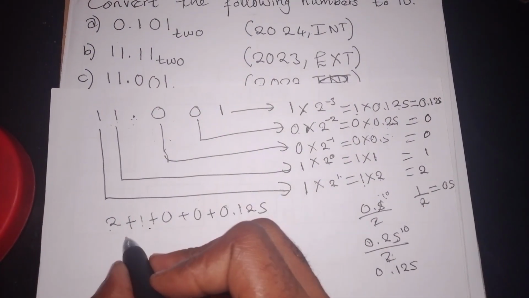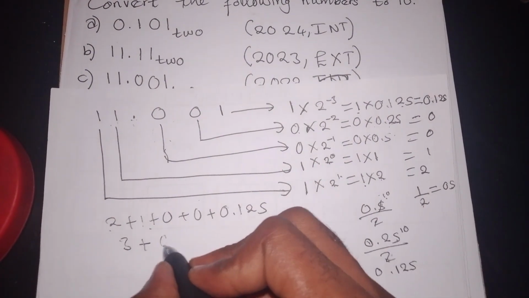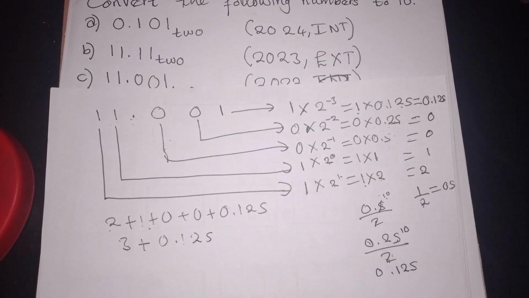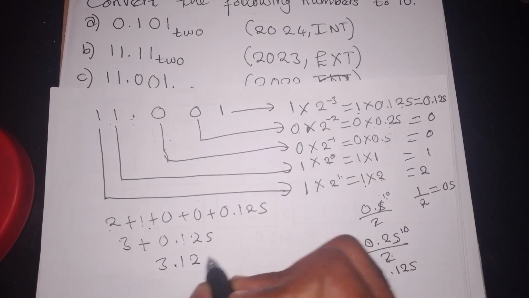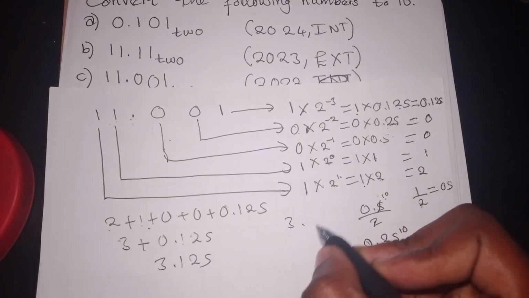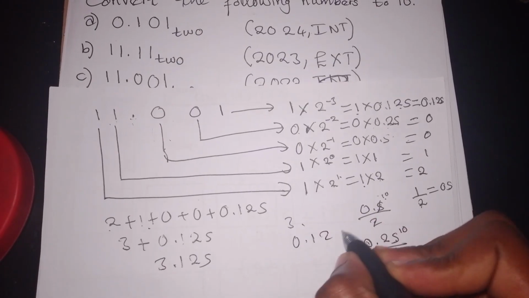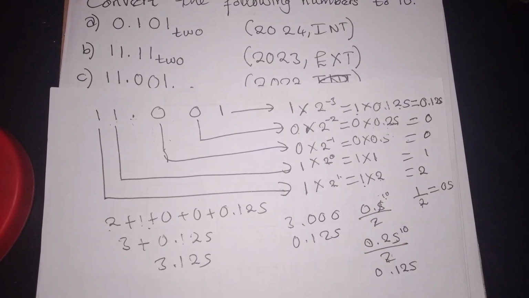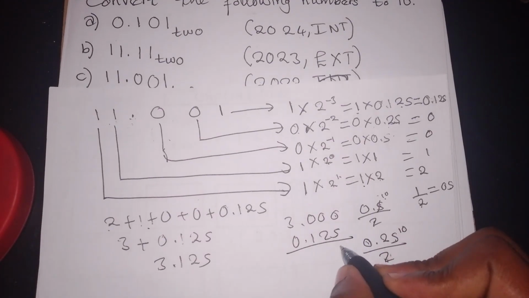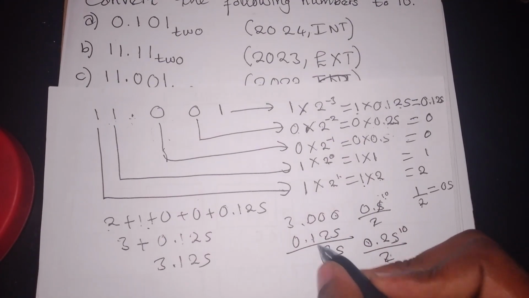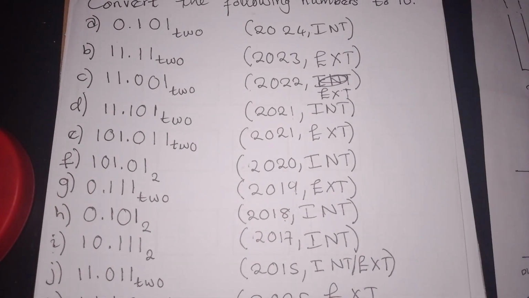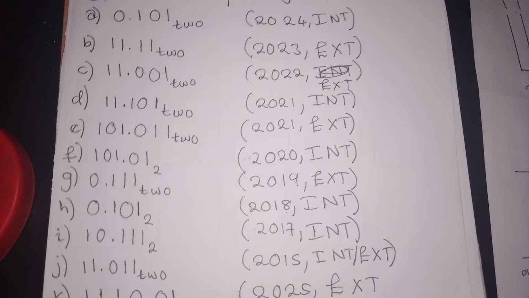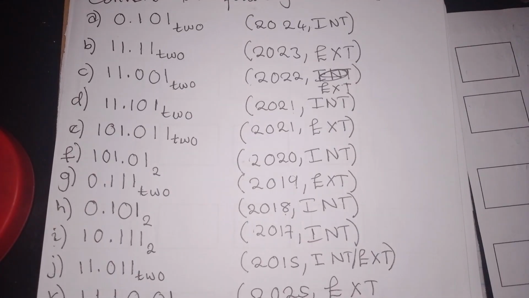So this plus this, you have a 3, and then plus 0.125, which is simply 3.125 when you add like so. So you can just put zeros there to balance. Then this plus this, you have a 5, we have a 2, we have a 1, and then we have a 3, and then a decimal point. Let me just solve one last problem, and then you can attempt the rest.